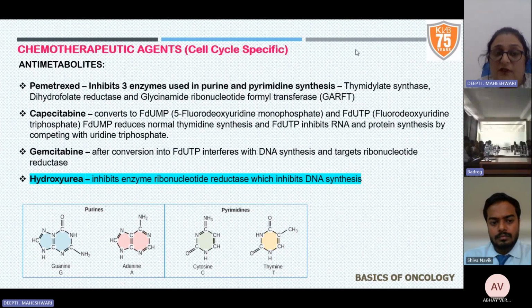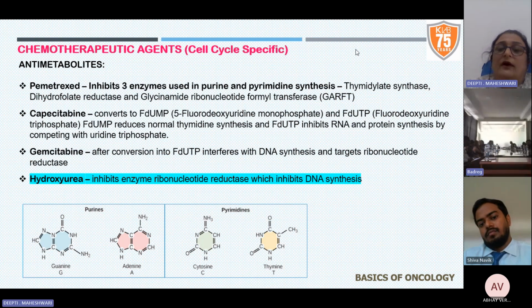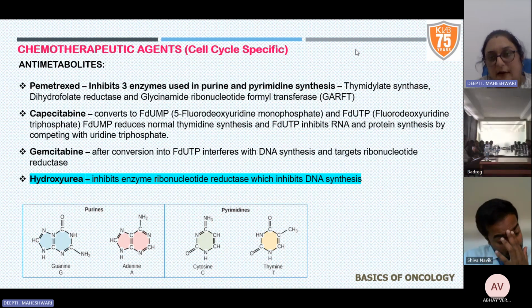Now, when hydroxyurea is given, it inhibits the enzyme ribonucleotide reductase. Therefore, if the ribonucleotide reductase enzyme is inhibited, it will not allow DNA synthesis to take place smoothly. So the role of hydroxyurea is to inhibit the enzyme ribonucleotide reductase.